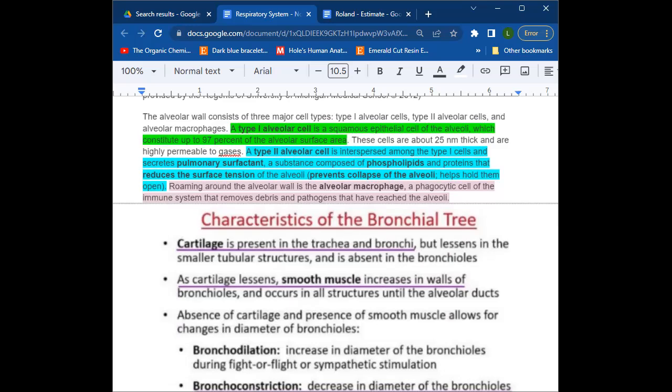And there's actually several different types of cells for the alveoli. There's alveolar type 1, alveolar type 2, and then alveolar macrophages.